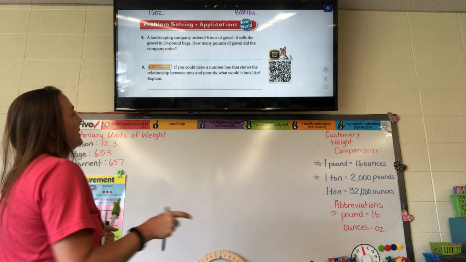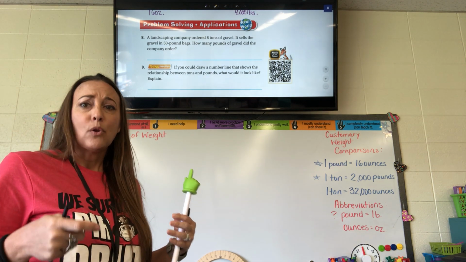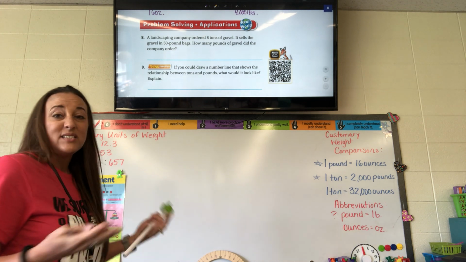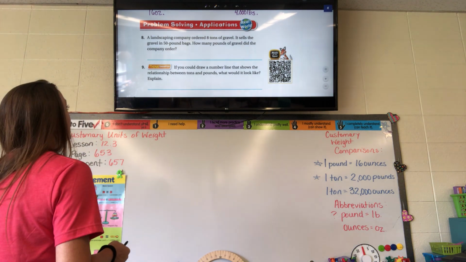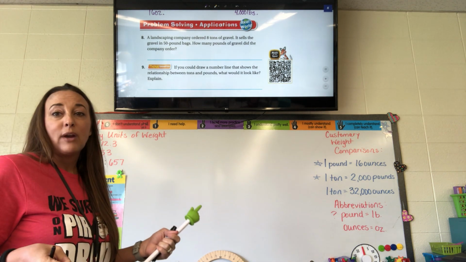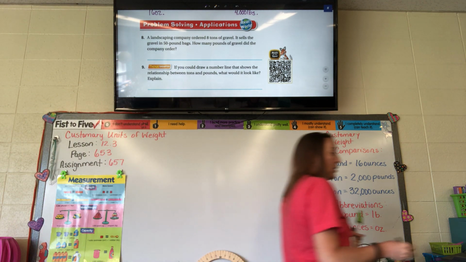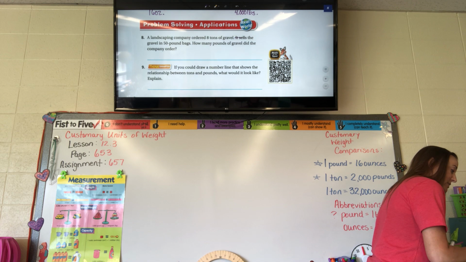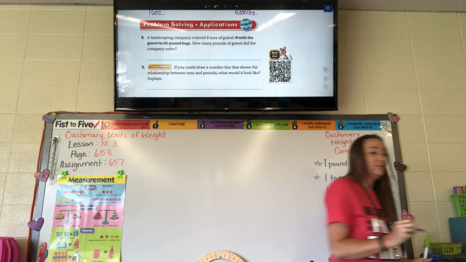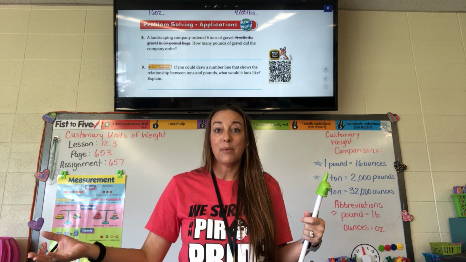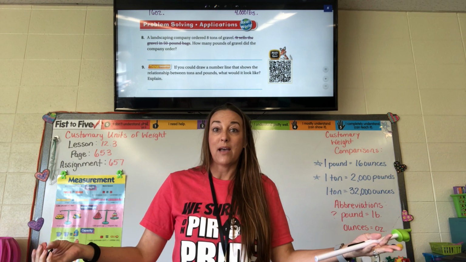Here it says a landscaping company ordered 8 tons of gravel. It sells them in 50-pound bags. How many pounds of gravel did the company order? So we don't even need to know what the company does with all that gravel that they buy. We just need to know how many tons they bought, converted into how many pounds.